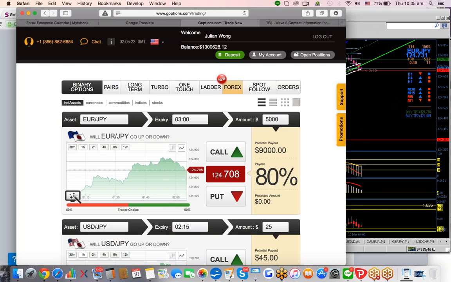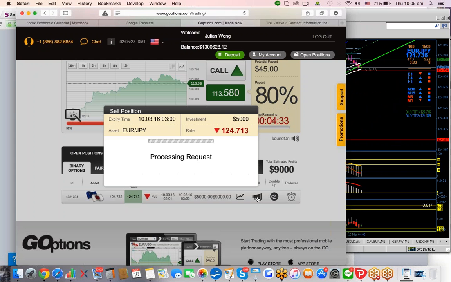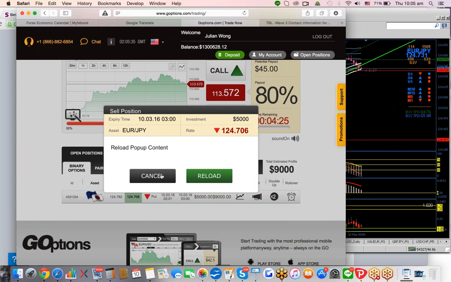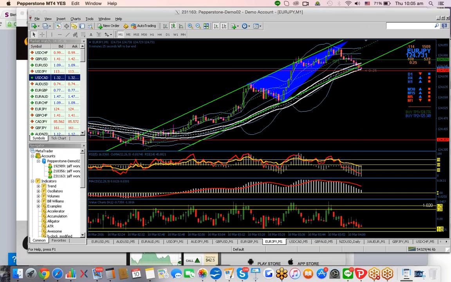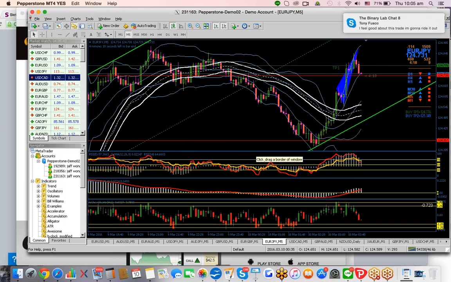So for those of you who want to chicken out, what you do is you hit the sell button, and then they're gonna give you, in this case, a horrible amount of profit. Write it out if you feel good about it.